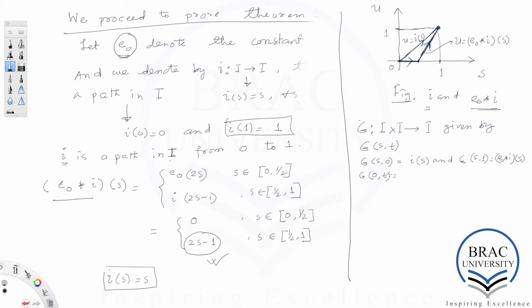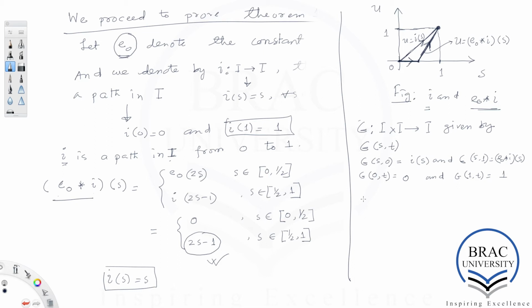And I have to show that G of 0 comma t is, well, what are the initial and the final points of these two paths? The initial point is 0, and the final point is 1, right? And G of 1 comma t is 1. This is what I need to prove.